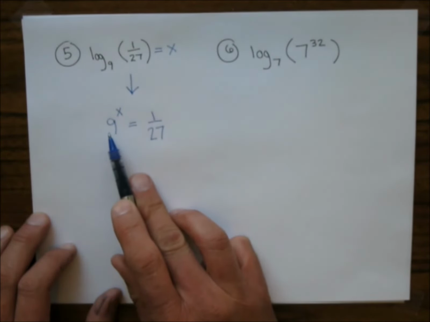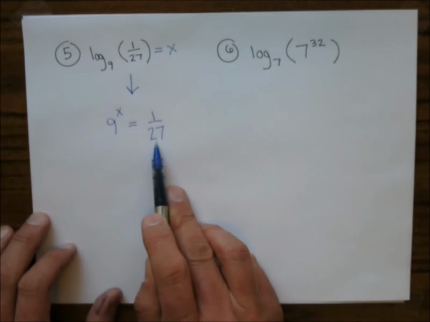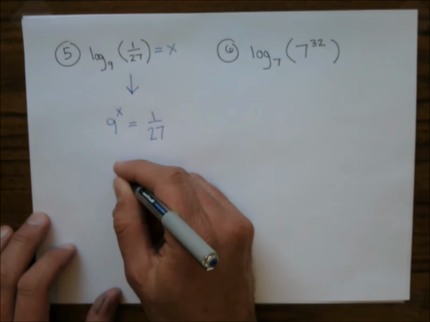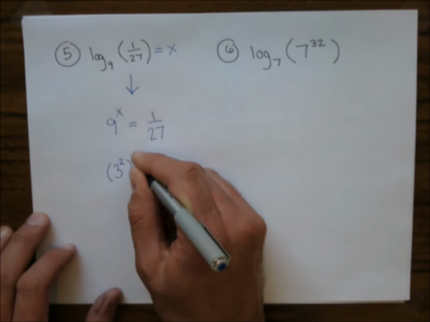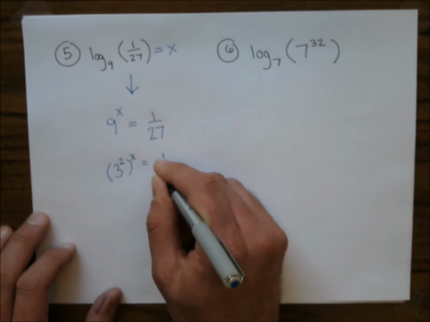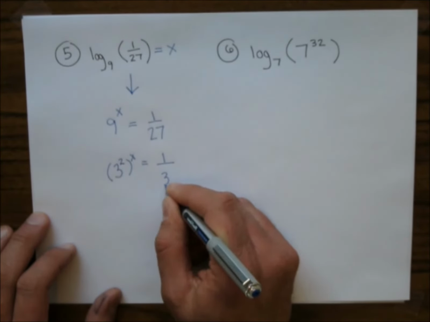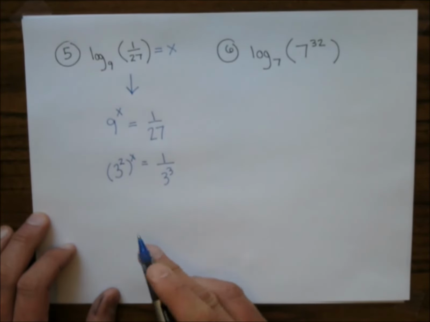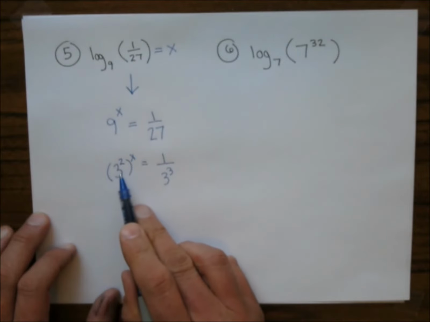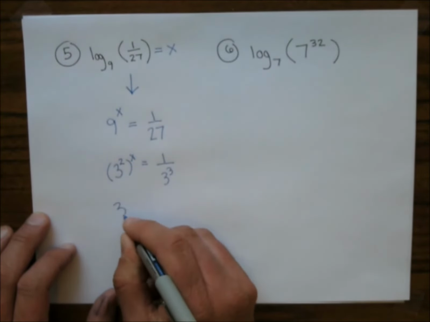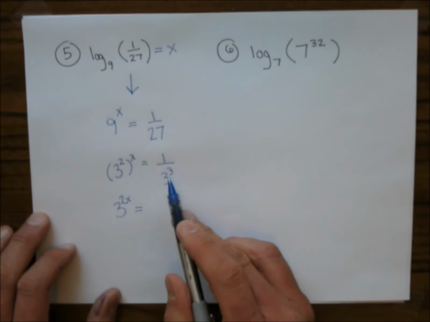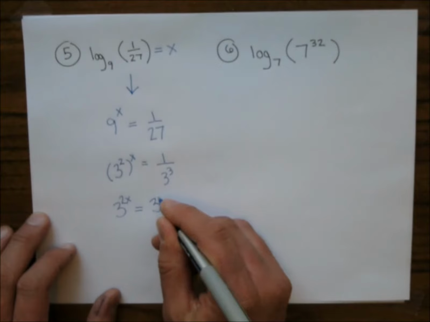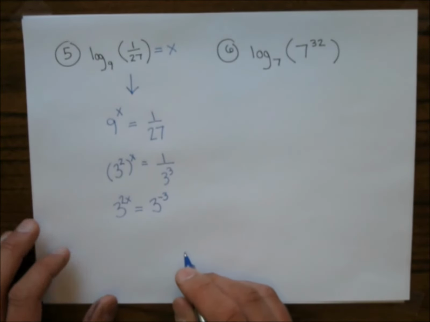Is there a common base between 9 and 27? Yes, it's 3. So 9 is 3 squared, and 27 is 3 cubed. 3 squared raised to the x, you multiply those. I'm going to cross the line, change the sign there to a negative sign.